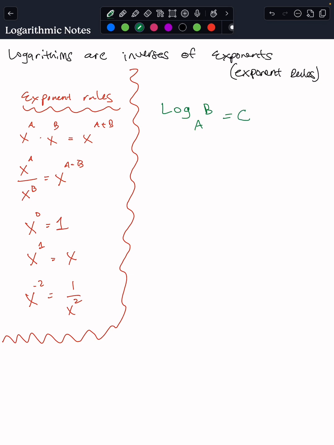Okay? So what will happen is that you'll have to go from logarithms to exponents and sometimes exponents to logarithms. And so what I like to do is I call this the swoosh, which means a to the c power should equal b.